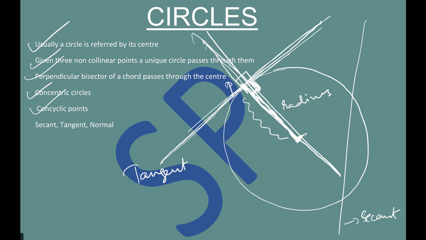So a line is tangent if and only if the distance from center to the line is equal to the radius. Now these 2 points are very important when it comes to tangent. That is 1 point. And normal to the circle at any point always passes through the center of the circle. These are two very useful points while doing problems. So this is also covered.